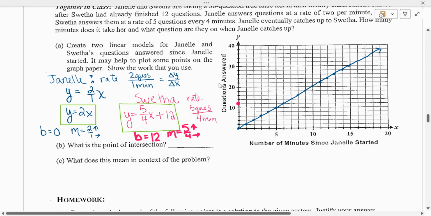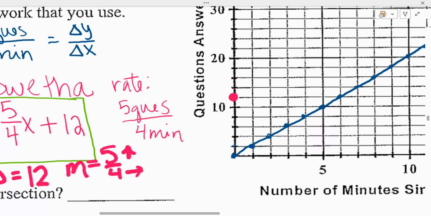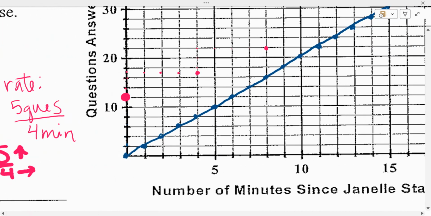I'm going to make this nice and big so you guys can see what I'm doing. I'm going up 2, 4, 5, right in the middle, over 1, 2, 3, 4. I have to do that again. Up 2, 4, right in the middle is 5, over 1, 2, 3, 4.